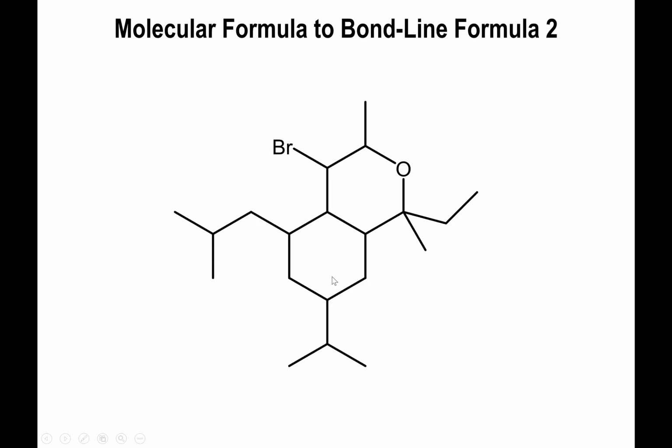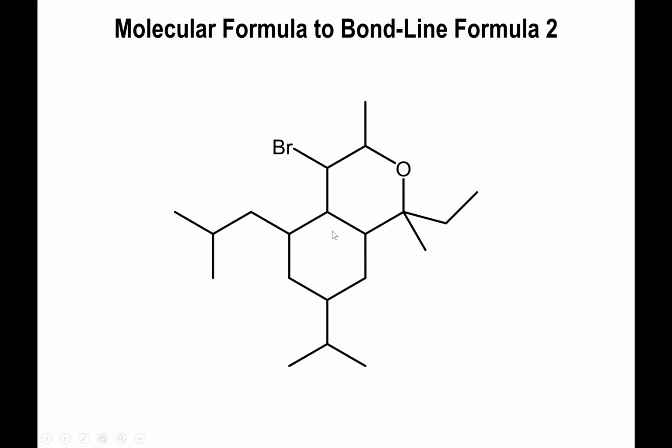Alright, now just to give you a clear idea of what that is, I'm showing you here a molecule that contains a lot of carbon in it. Pretty much every end represents a carbon, every intersection even, represents a carbon, every corner represents a carbon.